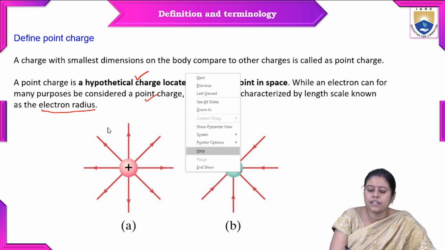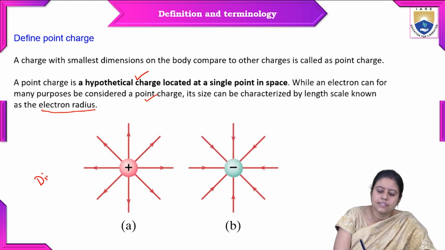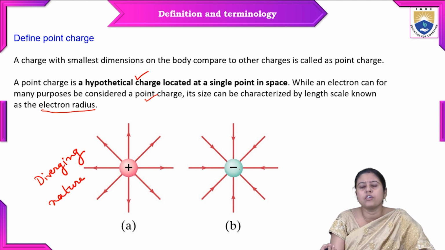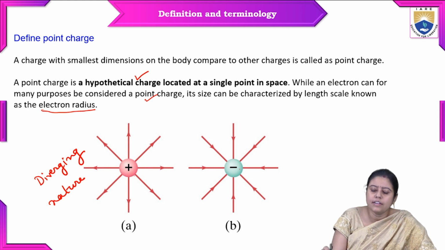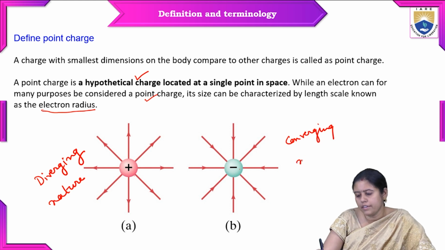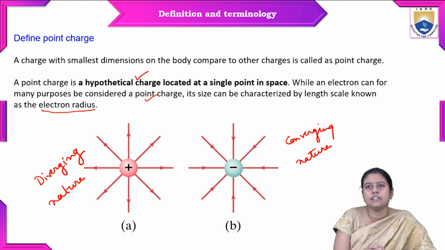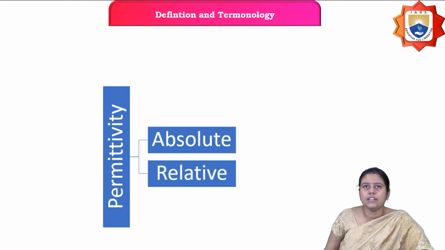And if you see the directions, the electric flux coming from the positive point charge is diverging in nature, and the flux coming to a negative charge is converging in nature.